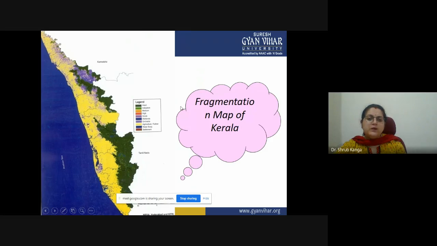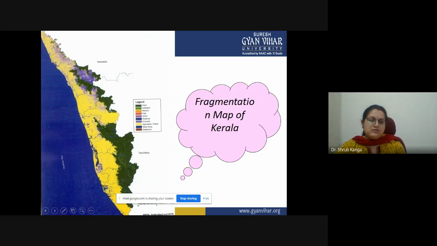Okay, then the fragmentation map of Kerala. If you see, the different categories are done in this case study as far as fragmentation is concerned.